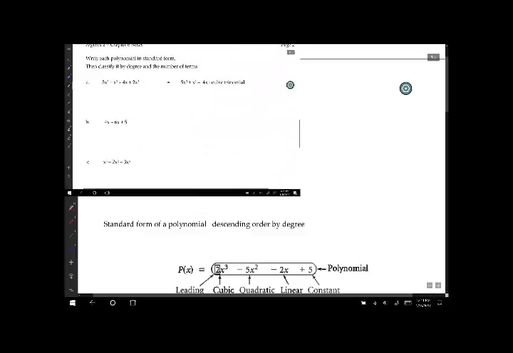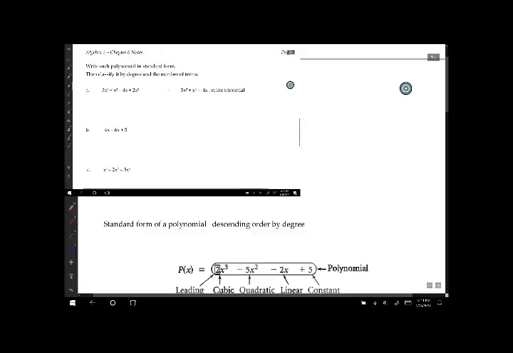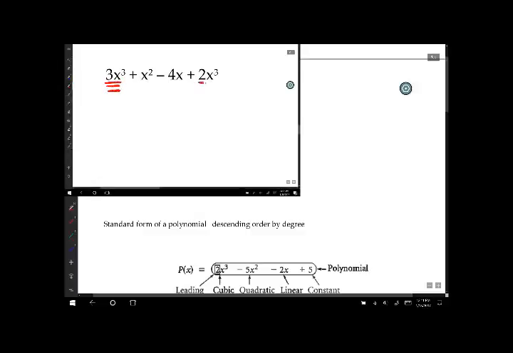So what I have is just a couple simple illustrations for you. In problem A, what we're looking at is we've got to take this and simplify it first into standard form. And so I always like to underline with the number of lines that relates to the degree.